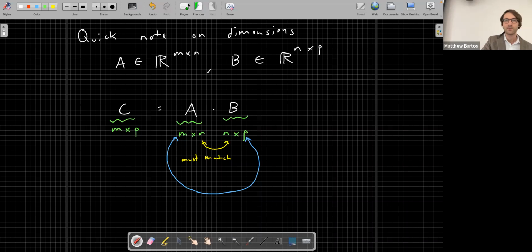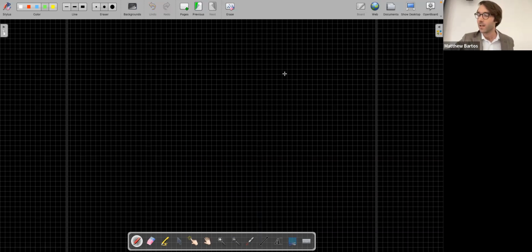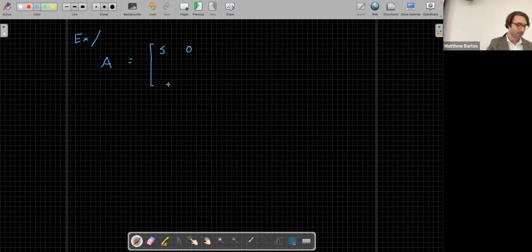For the remaining time that we have, I want to give you an example, and I want you to go through computing this using both methods. I'm going to set A equal to 5, 0, 1, 3, 4, 0. I'm going to let B equal 0, 1, 2, 1.